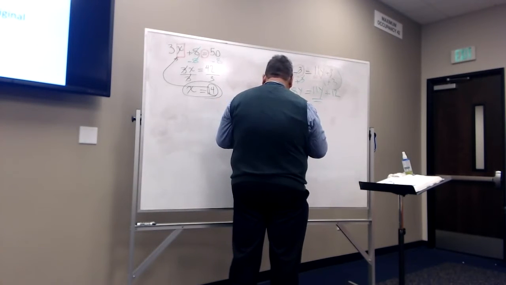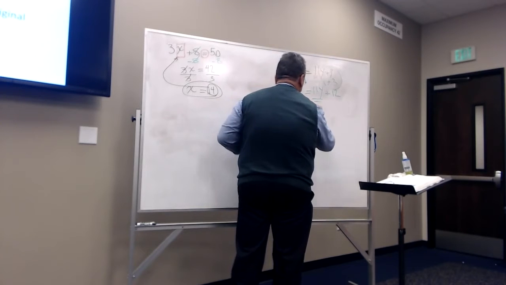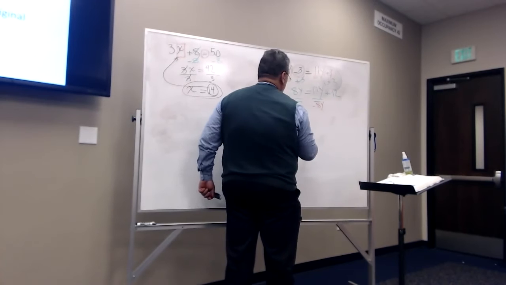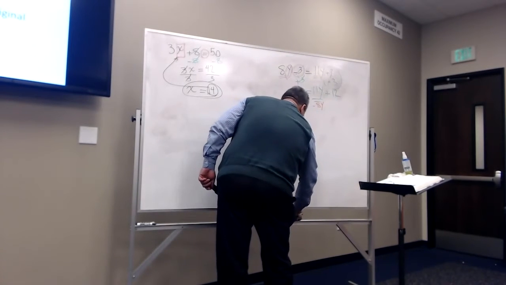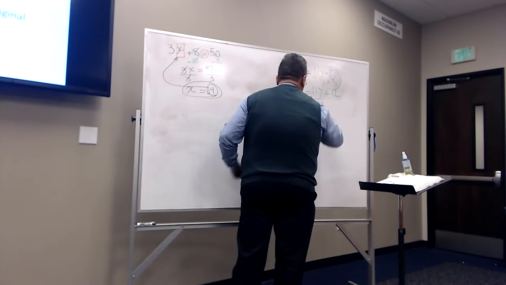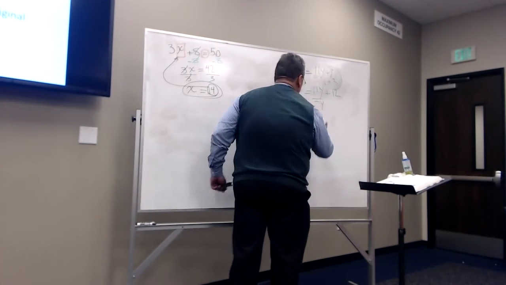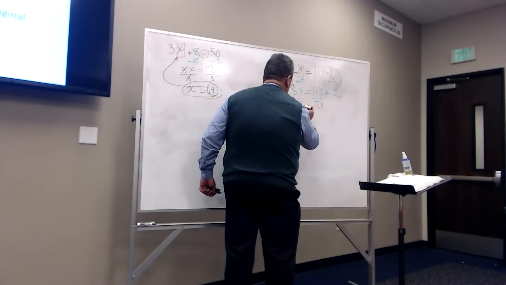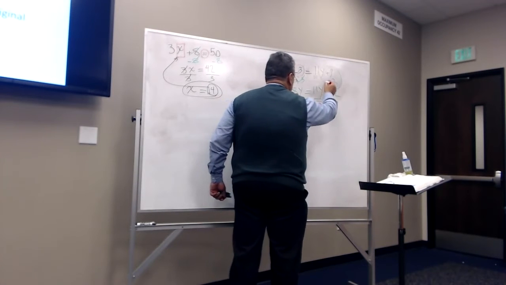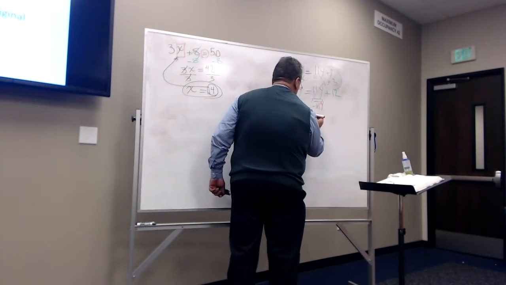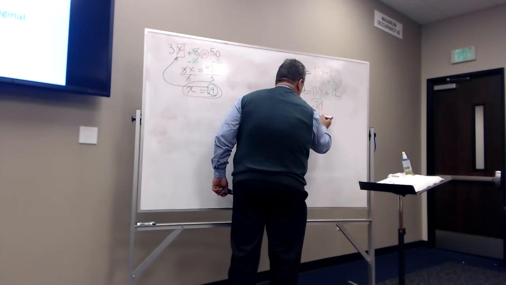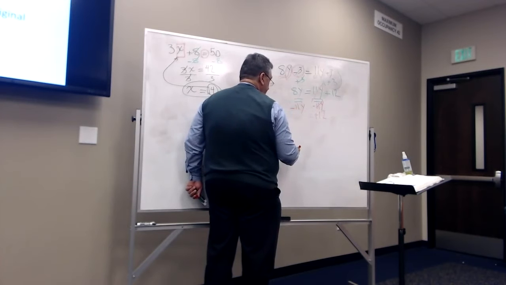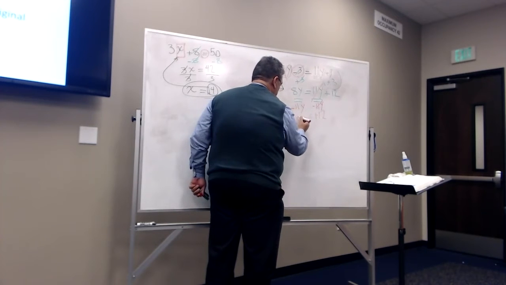So I subtract 11y. These cancel. I get plus 12 over there. What do I have over here? Minus 3y.